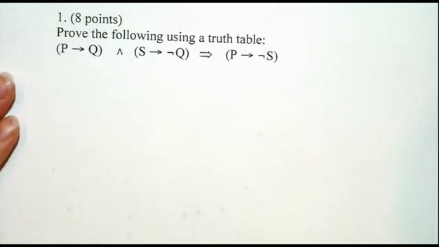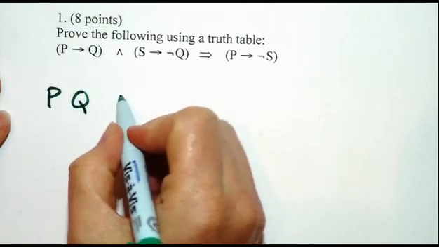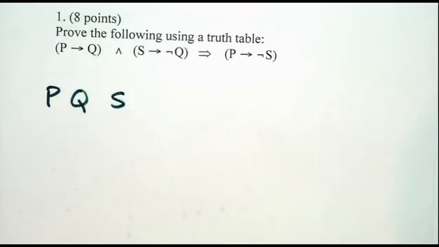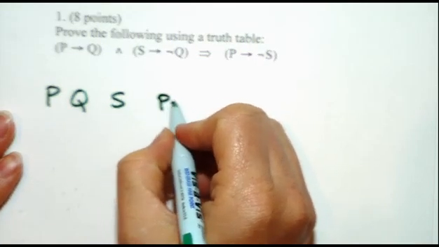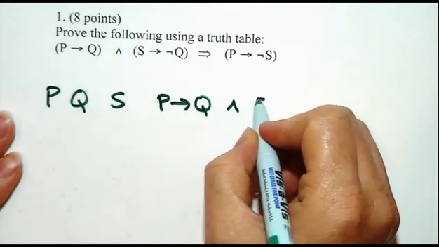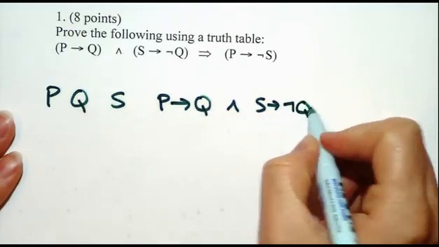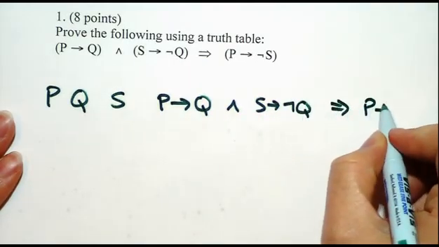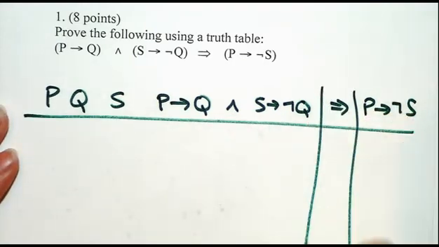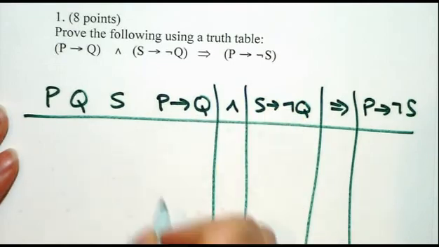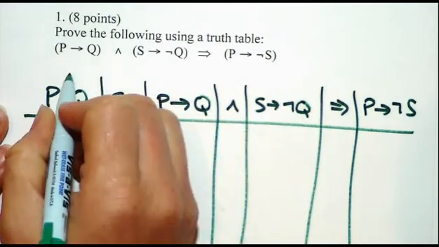So how many variables do I have as inputs? 3. So I need to make those 3 on the left. We actually have a table written for you on the current exam, so you can just fill it out, I think. How many rows do I need? 8 rows.